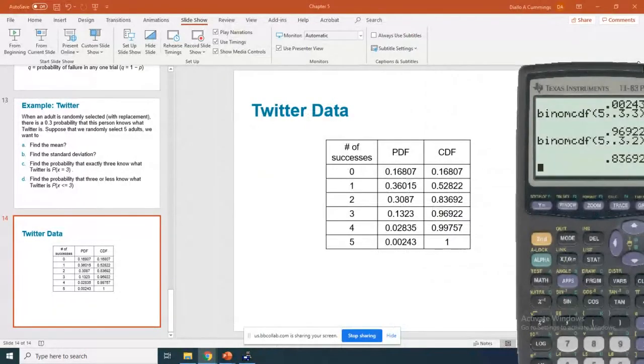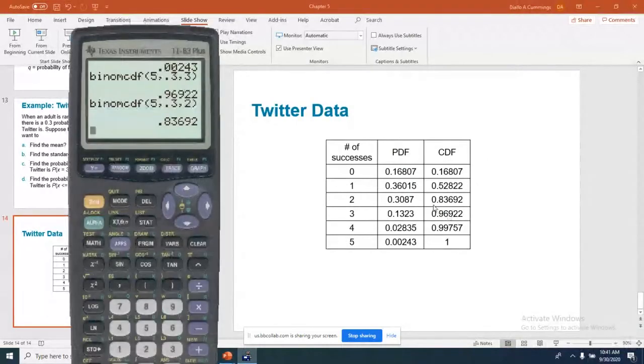If I go back to my chart, the probability that X is greater than or equal to 3 would be the probability for 3, which is 0.1323, the probability when X is 4, and the probability when X is 5.